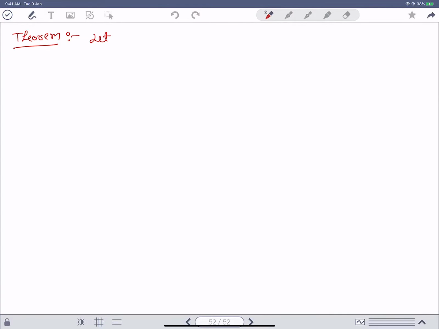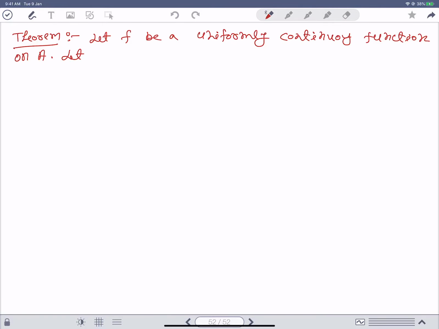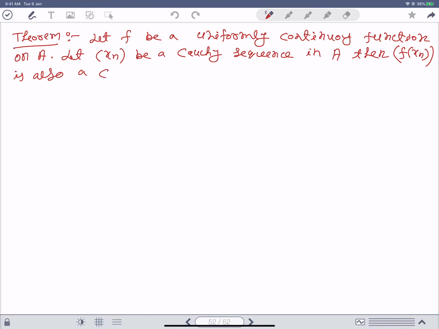That means, let f be a uniformly continuous function on the domain A, and let xn be a Cauchy sequence in A, then f of xn must be a Cauchy sequence.